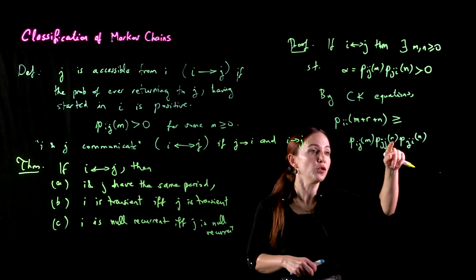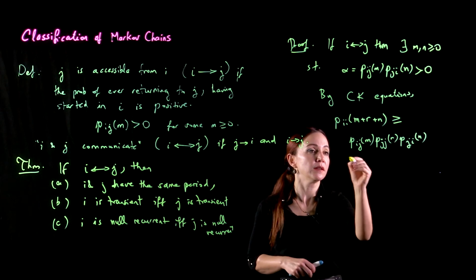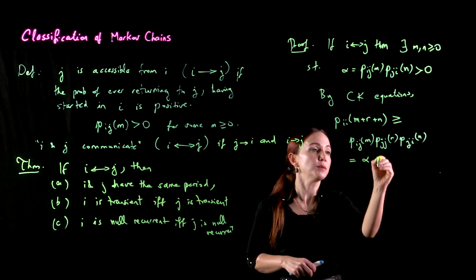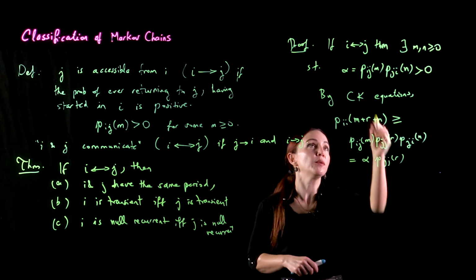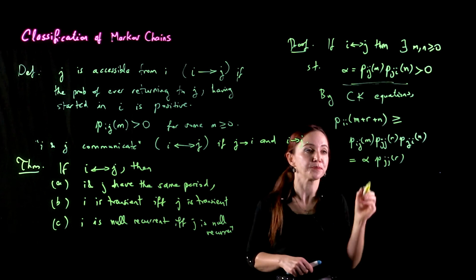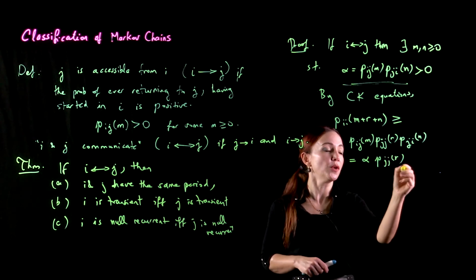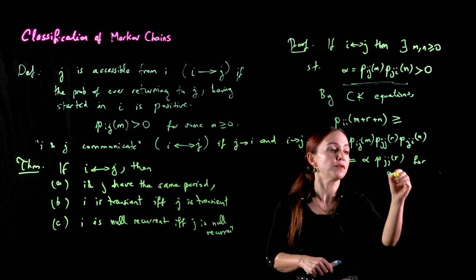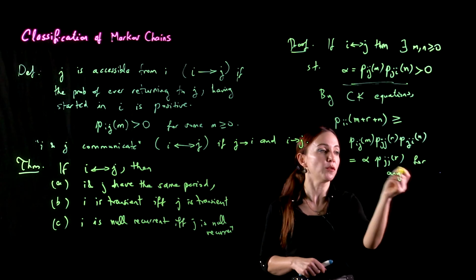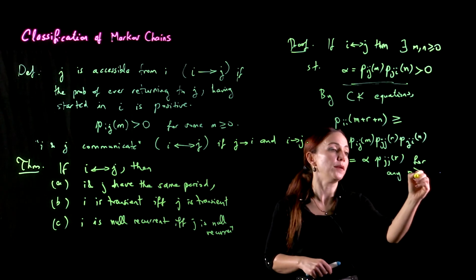But we can call this product alpha times Pjj of R, where we defined alpha above. And this is true for any choice of R.